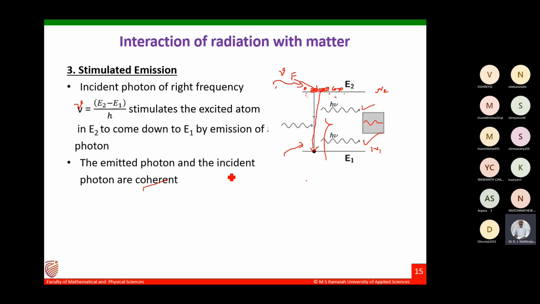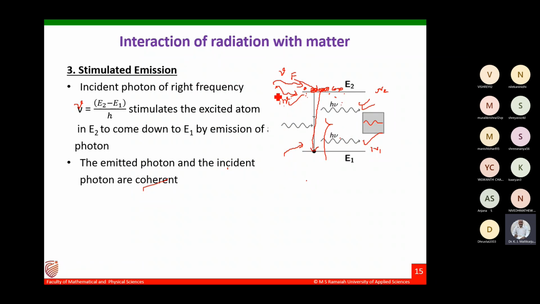Therefore, the emitted photon and the incident photon, another good example here. This photon is incident on the atom which is in the higher energy level, right? This photon and the emitted photon will also be in phase. Whatever photon is coming, there is a good correlation from here to here, and on top of that, this one to this one also we have good correlation.